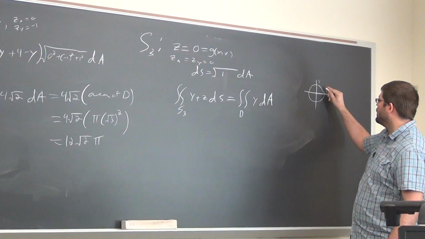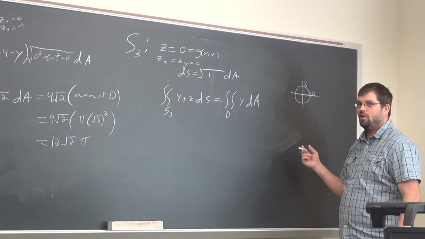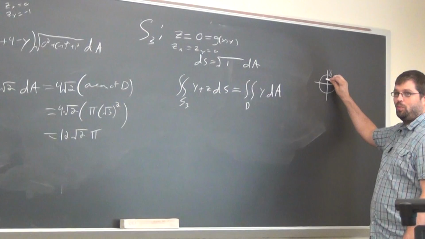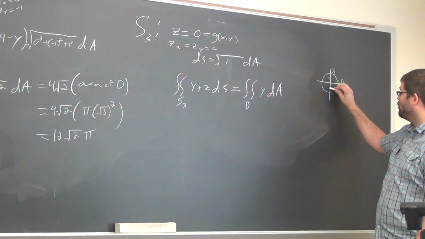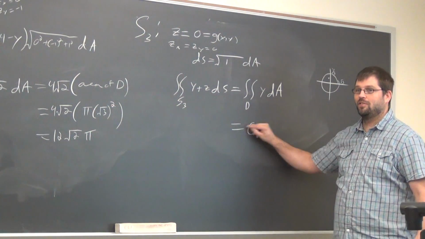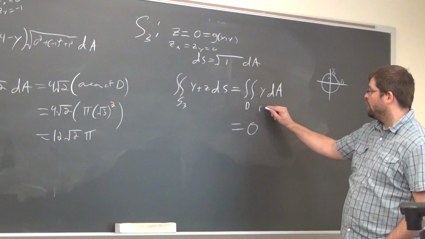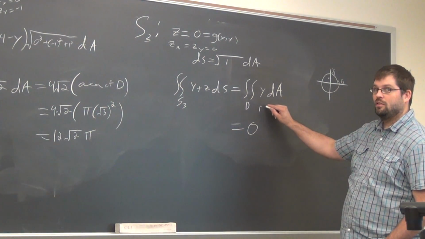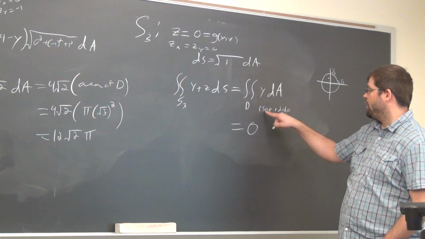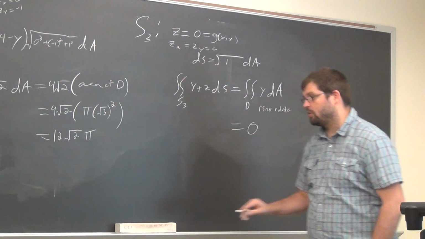Of radius, doesn't really matter what it is. So what should be the answer? Whatever happens for a positive y, you have a negative y down here to cancel it out. It's going to be 0. So you can double check your work, but you should get 0. If you want, you make that r sine theta, r d theta, right? And the integral is from 0 to 2 pi, and so the integral of sine will be 0.